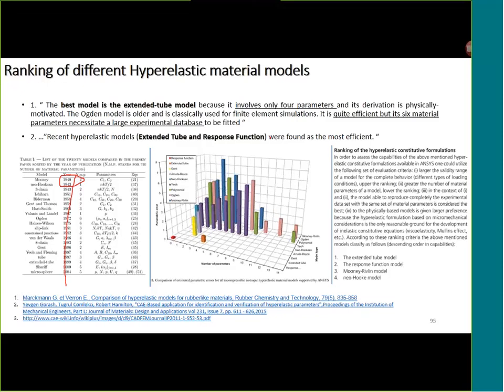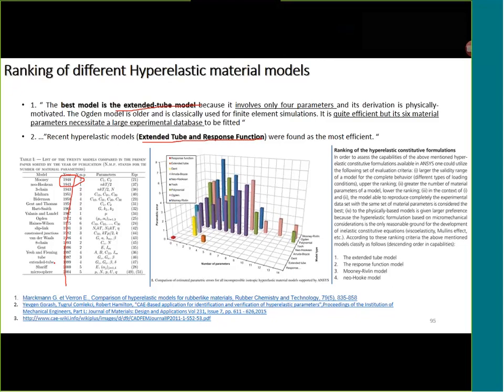The summary says that the extended tube material model and response function material models are the two most advanced and efficient material models. Though there are many material models, they exist for legacy reasons.